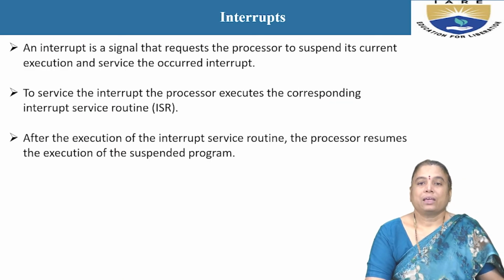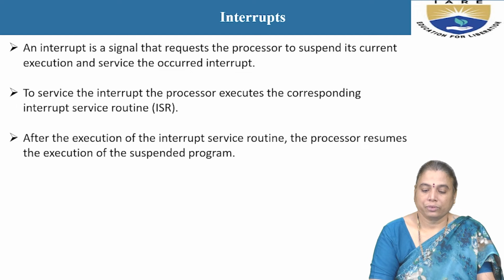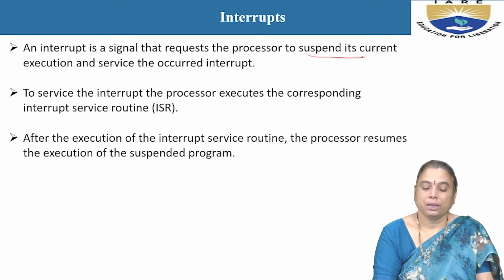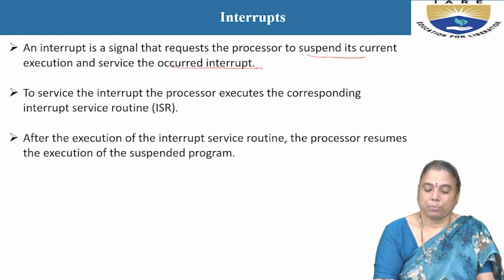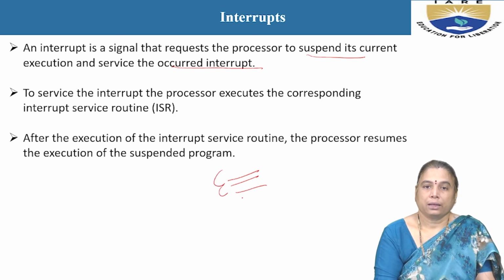Now, what is an interrupt? An interrupt is a signal that requests the processor to suspend its current execution and service the occurred interrupt. For example, this is a program, and a program is generally executed in sequence, one instruction after another.